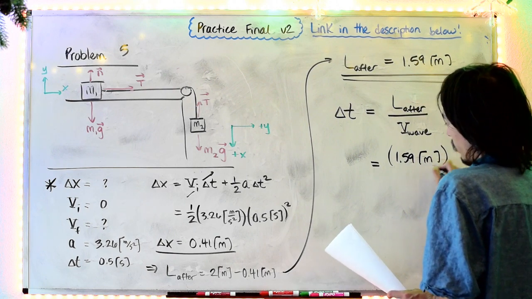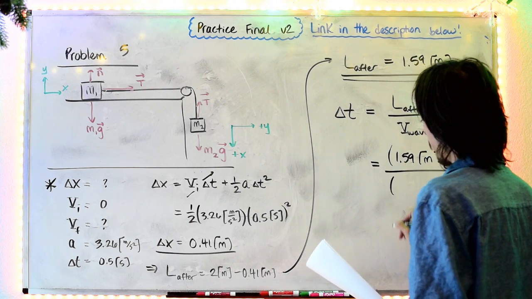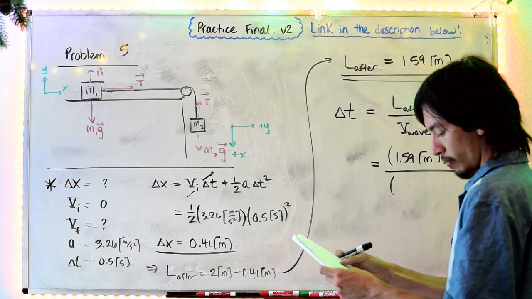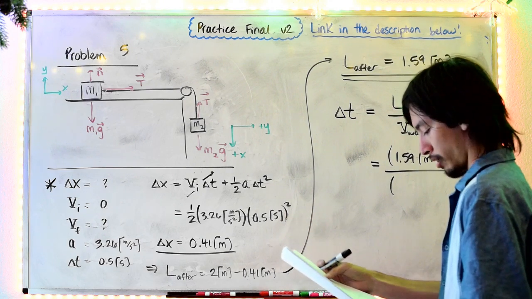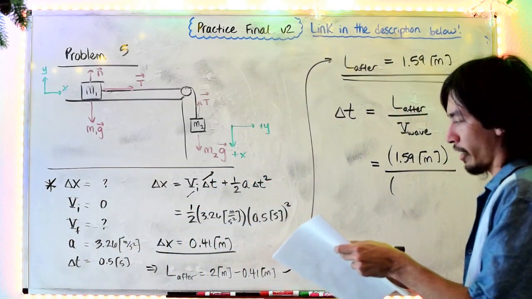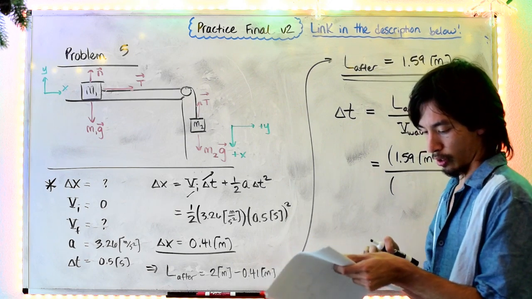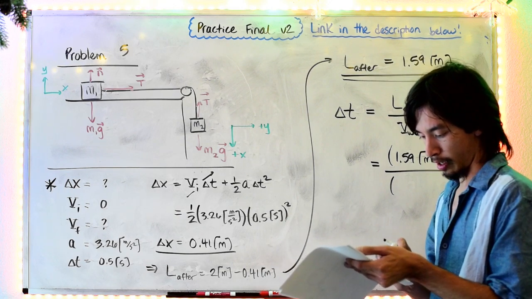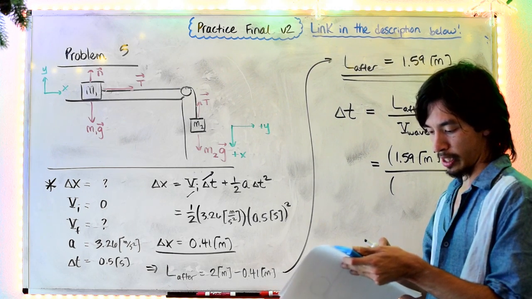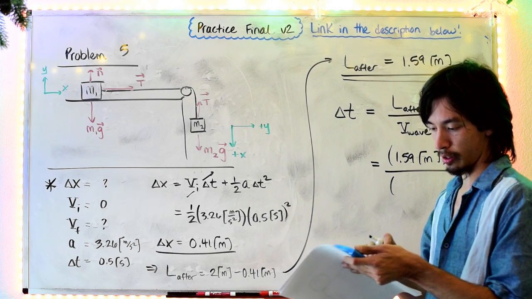So we have 1.59 meters, and the wave speed was, that was not 28.6, I just erased it, so that was the square root of 16.3 times 100.